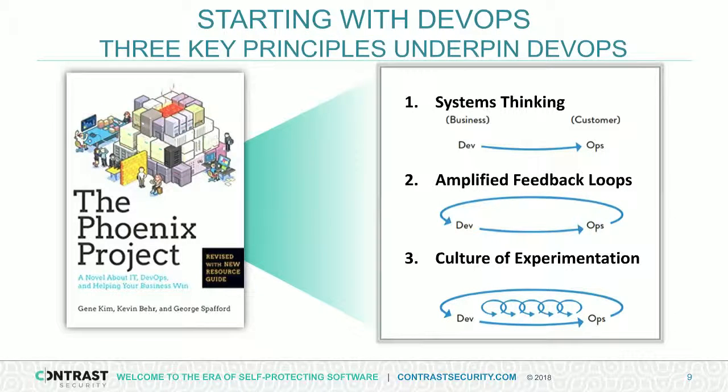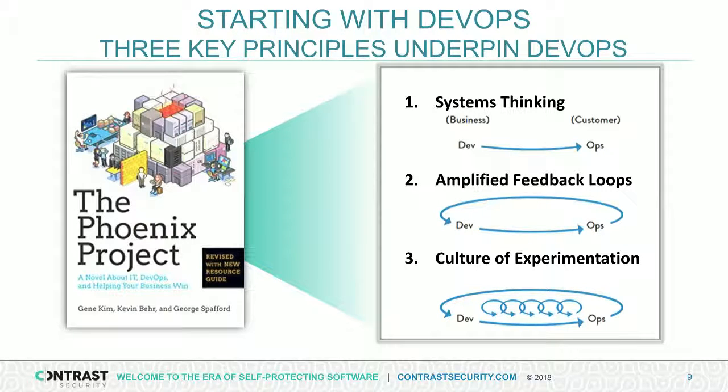There are three key foundational principles of DevOps, right? The first principle is this big picture way of thinking, emphasizing the performance of the entire system that you've got, and focusing on the business value as opposed to just looking at the performance of specific silos or individual departments.